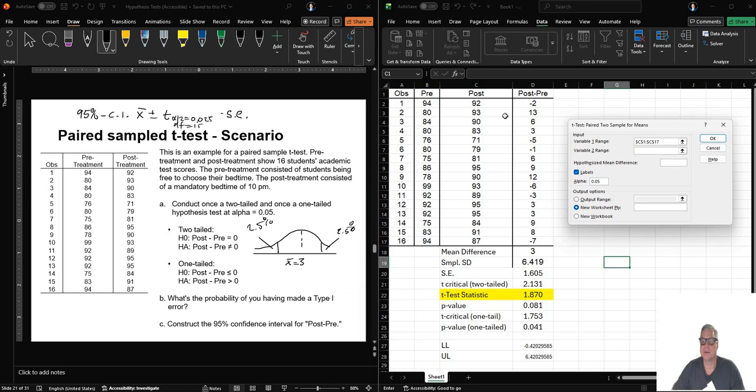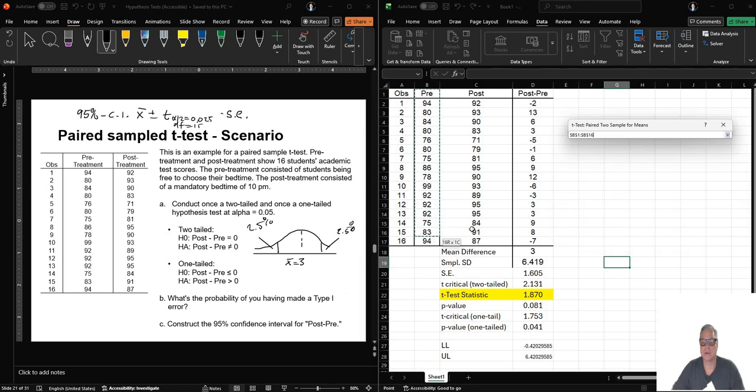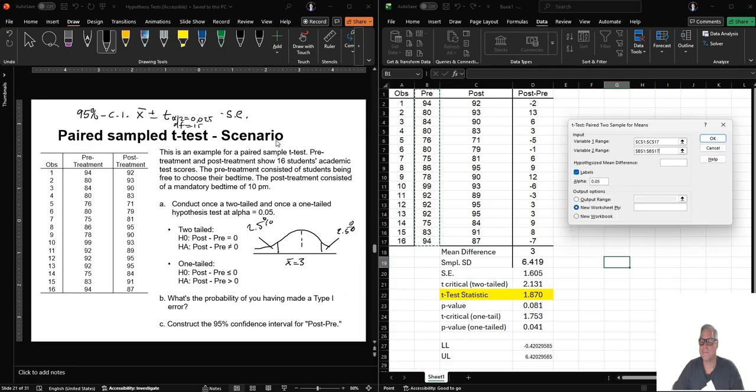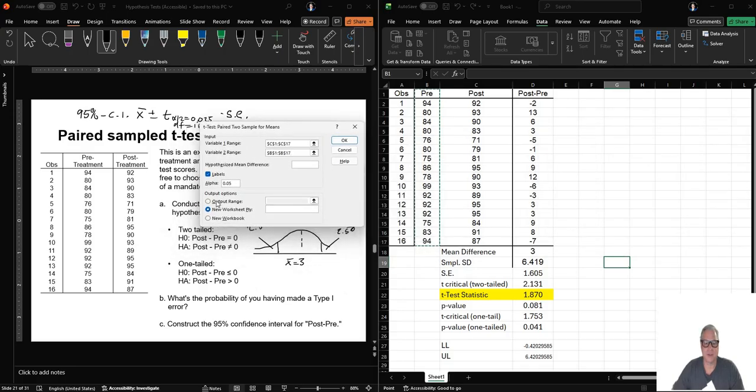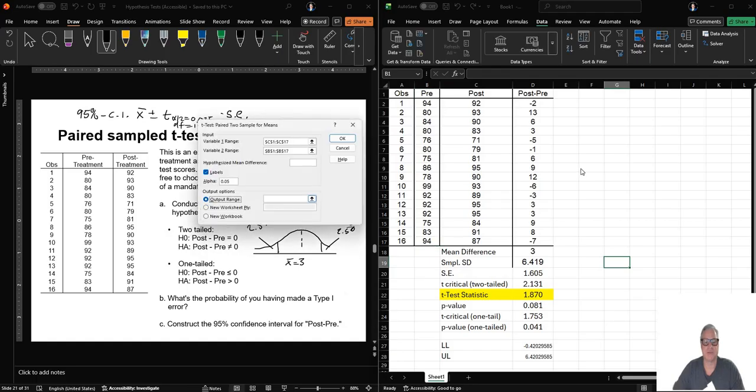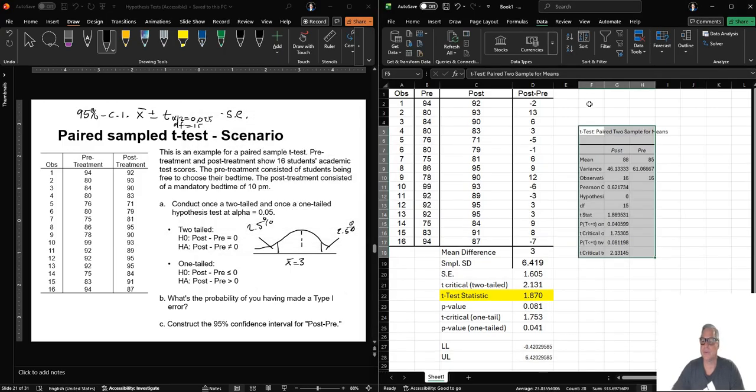And the variable 2 range is B. And then I tell Excel to just put the output somewhere here in our sheet, maybe up here, it's maybe better. And then we just say OK. Okay, so now here we have the result.